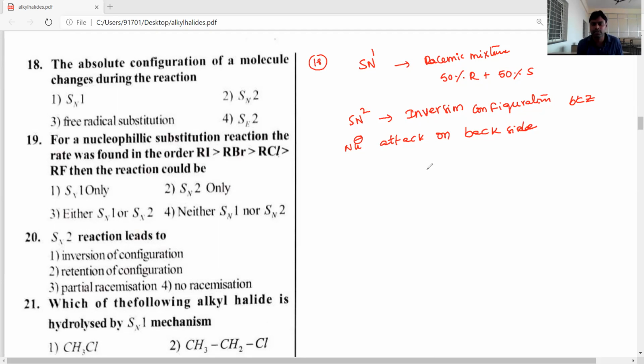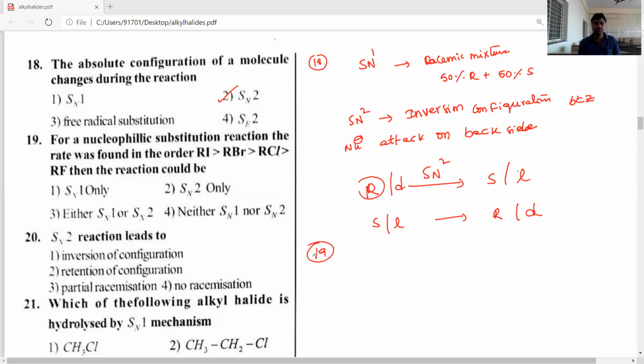So in the SN2 mechanism, if the reactant is R configuration, the product is S. If the reactant is S configuration, the product is R. R is nothing but dextrorotatory, D, and S is nothing but levorotatory. Inversion product will form. So the absolute configuration of the molecule changes during the SN2 mechanism. Okay, let's go for the next 19th question.